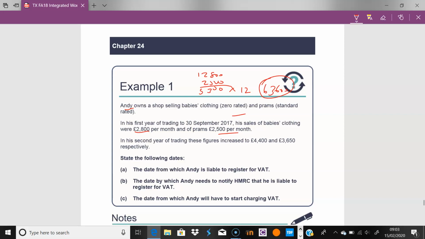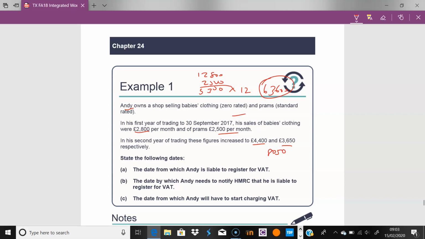Now it says that in the second year, these figures will increase to 4,400 and 3,650. So that means that 4,400 plus 3,650 will become his monthly incomings.